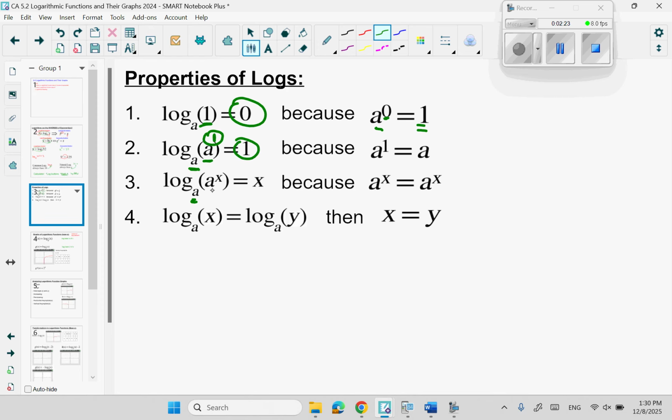Same idea here, these effectively cancel, so my exponent is equal to that. And if I ever get two logs that have the same base number and they're equivalent, the insides have to also be equal, which should feel pretty natural.